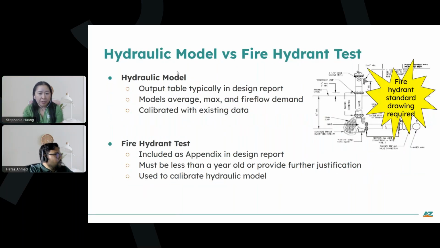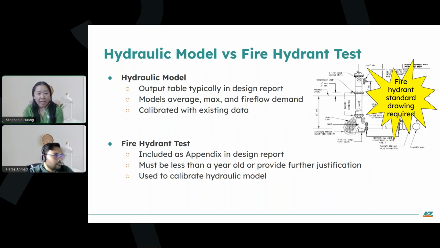Hydraulic model versus fire hydrant test. The hydraulic model that's typically in the design report looks like an output table, which models the average, maximum daily demand, and fire flow demands, and is calibrated with the existing data.